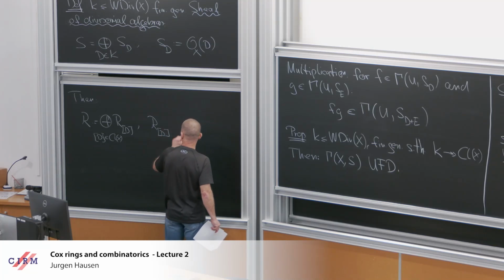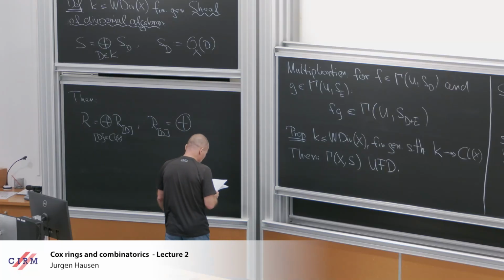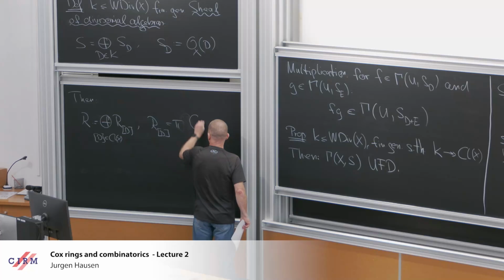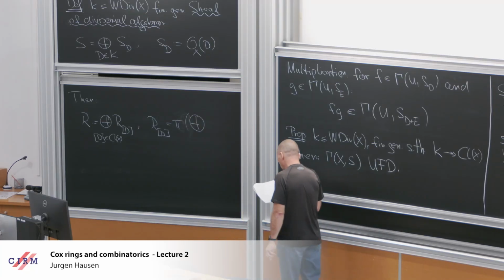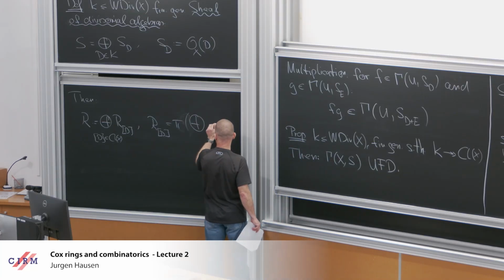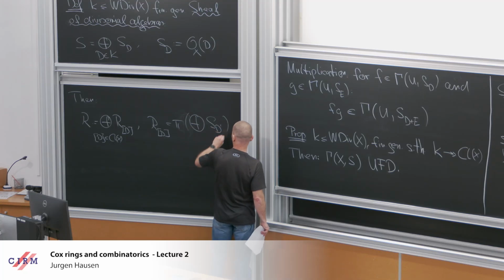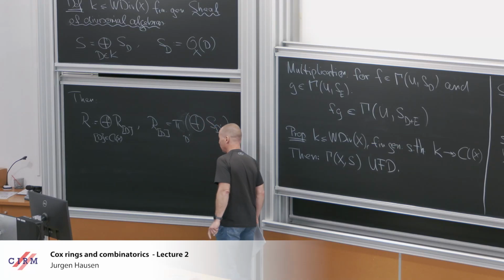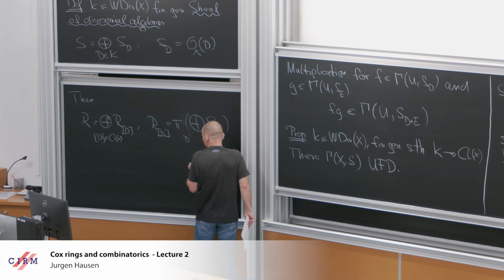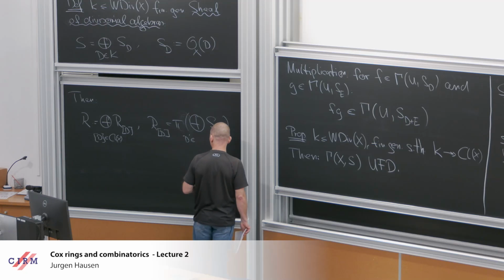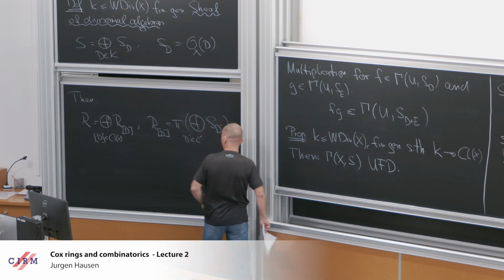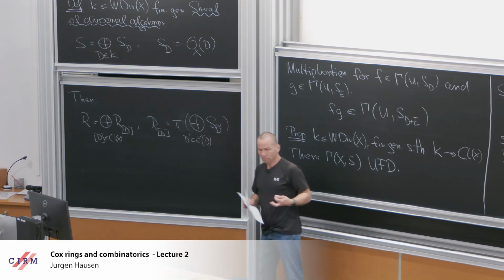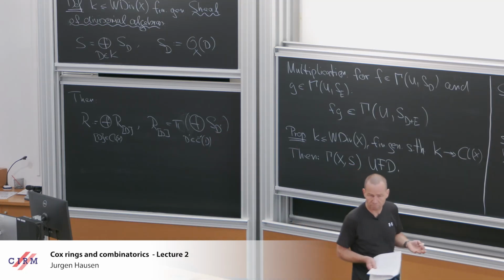So what we do is just take all S_{D'}, where D' is of the same class as D and comes from K. So D' is taken from C to the minus 1, all divisors D' which live in K, and project.